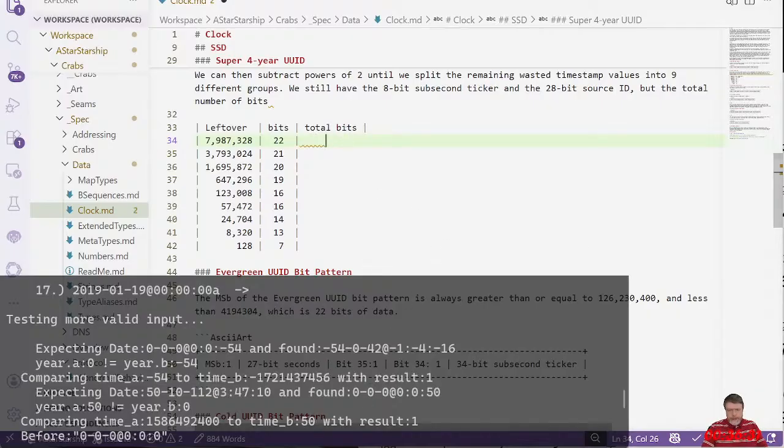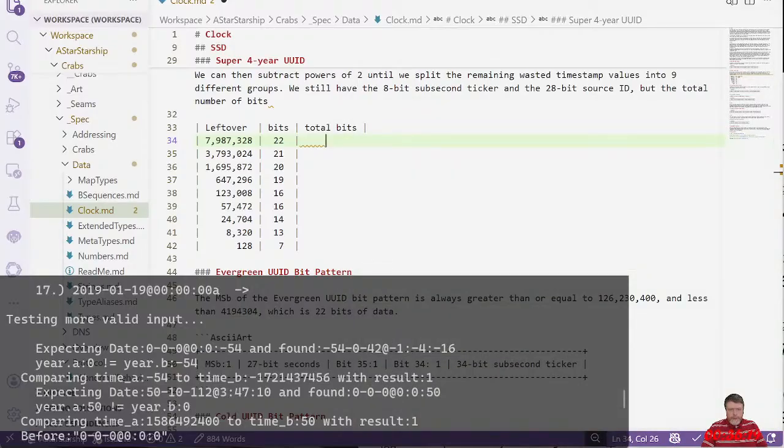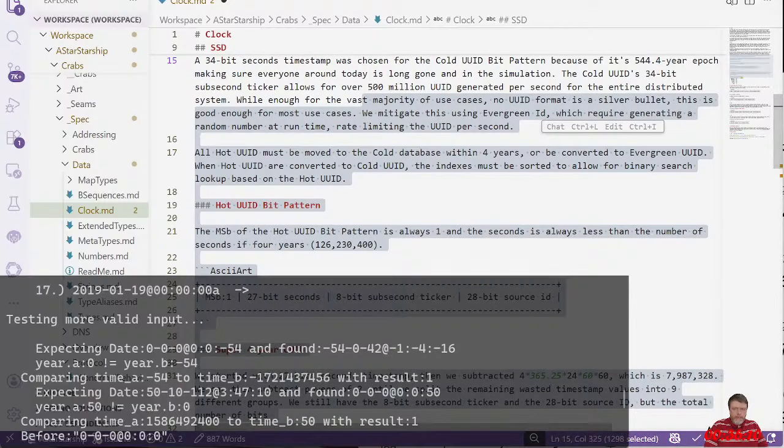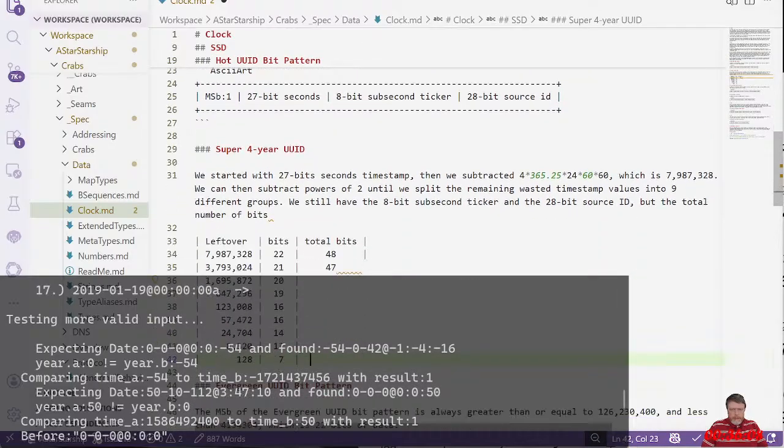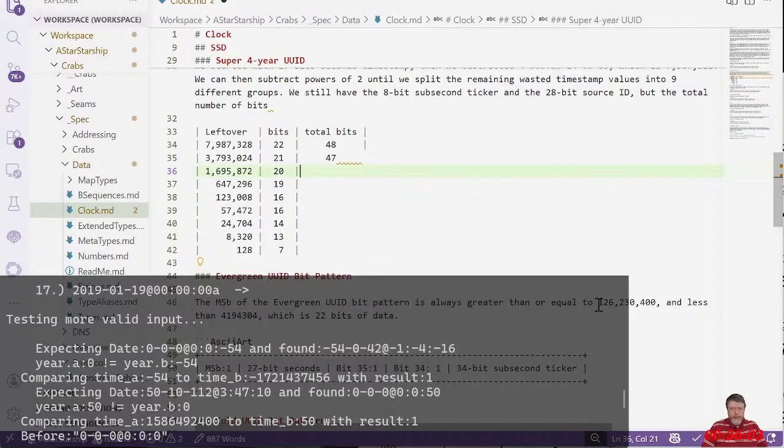Total bits is 22 plus, sorry, that's 36, right? I don't have to do that. That'd be ridiculous. So 36 plus 22 is 48. 47. And then 6 bits.